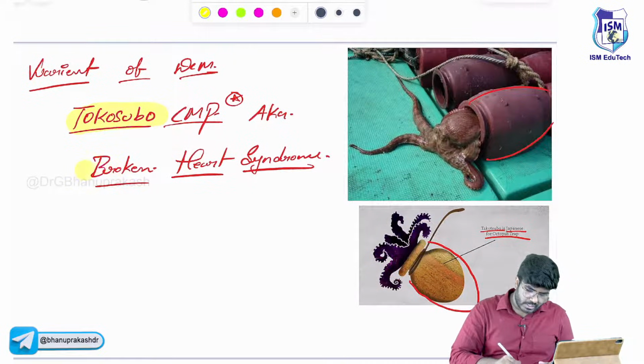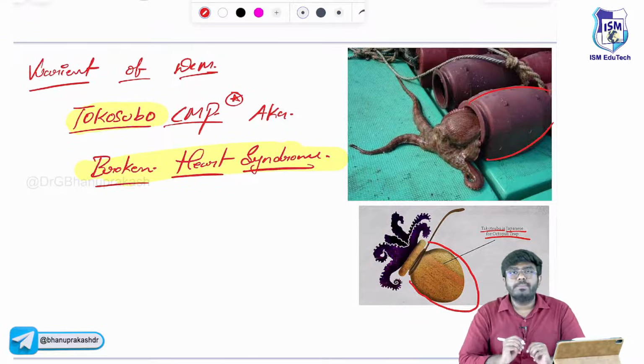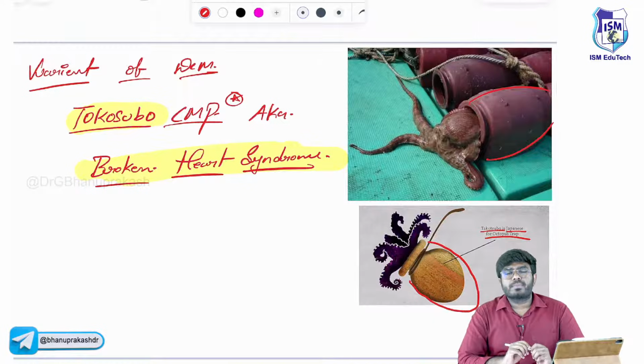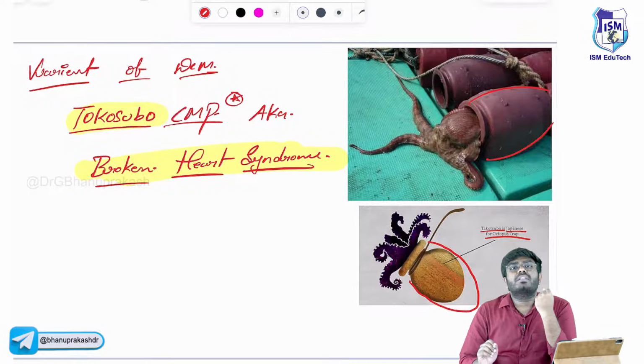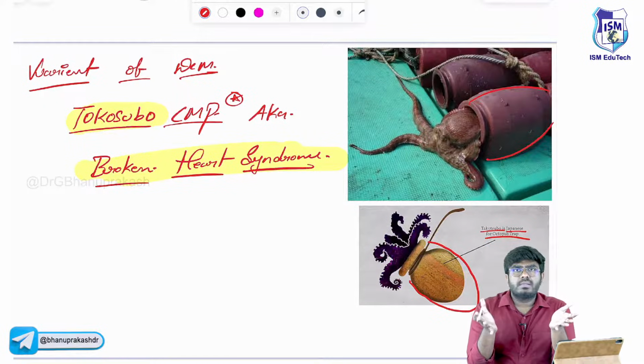It's also called broken heart syndrome. Why is it called broken heart syndrome? Whenever you hear something that gives you immense psychological stress, for example, a father hears that his daughter or son died in a road traffic accident, or the mother hears that her son died, or the partner hears her lover died in a road traffic accident.